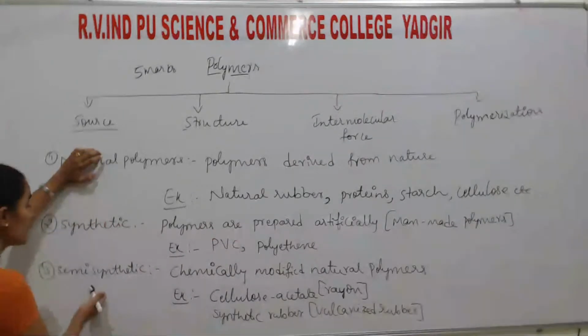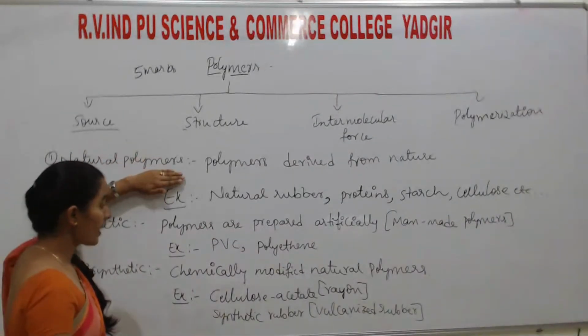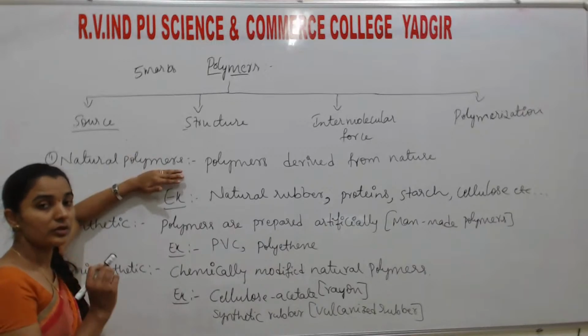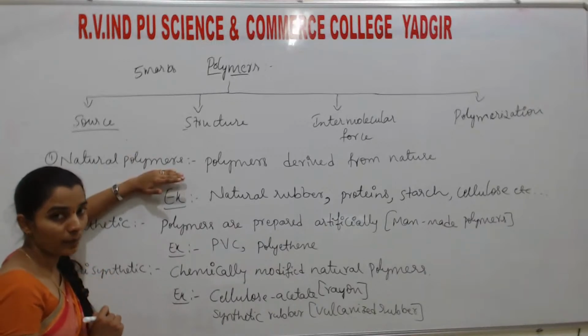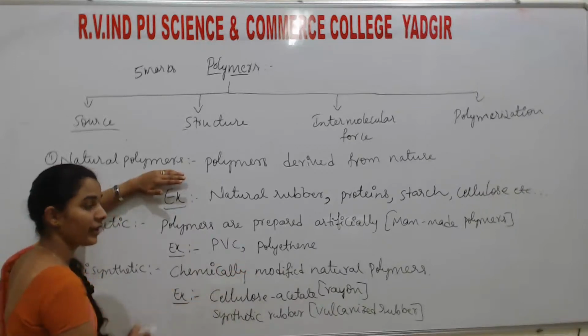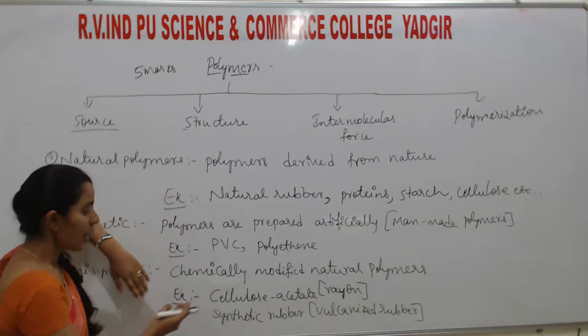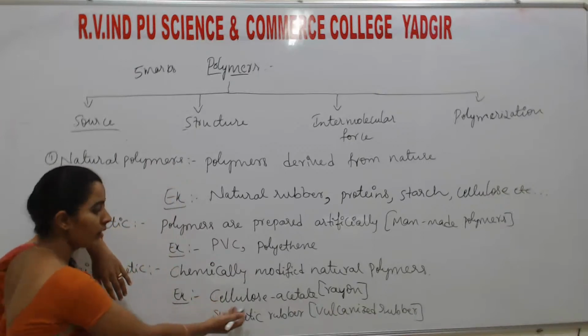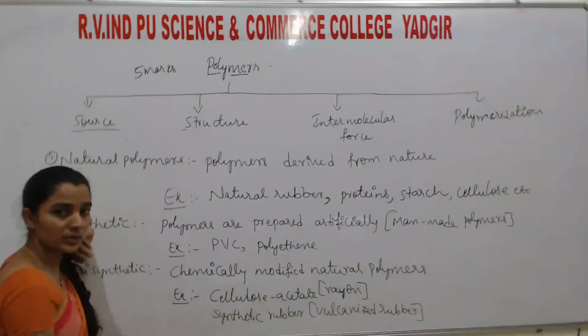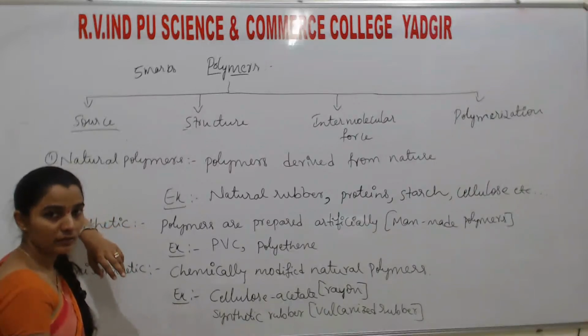Next, semi-synthetic means by using natural polymers, we prepare an artificial polymer. Understand? It is chemically modified. It is not prepared, it is just modified. Cellulose always has a monosaccharide unit, and the acetate group is inserted.